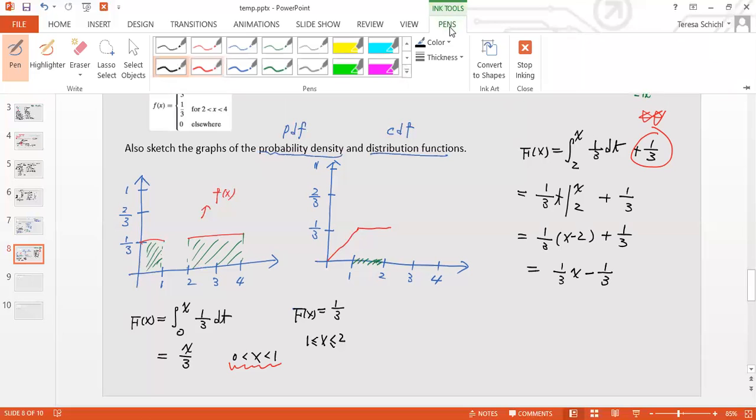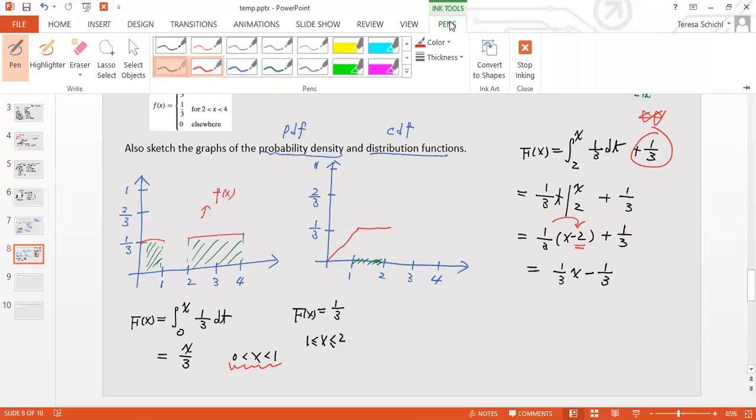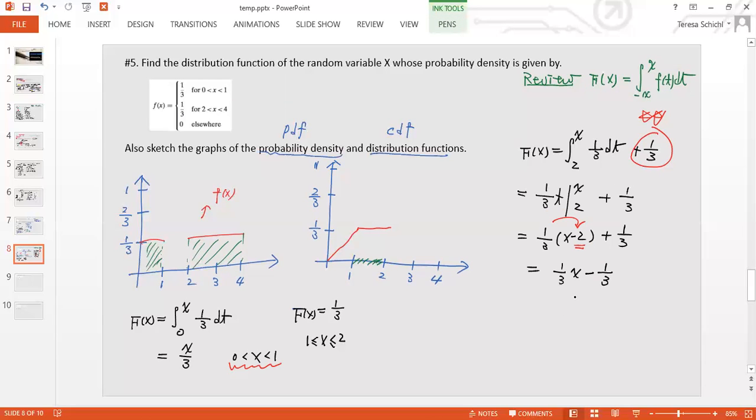Got it? Because this one here is minus 2, so the distributive property will give you negative 2/3, plus 1/3, so it's negative 1/3. Very good. So this is 1/3 of the x. So what is the x here? x is from 2 to 4, right?